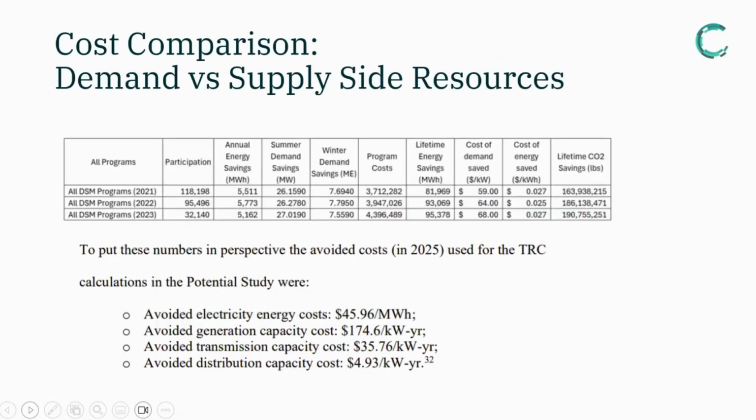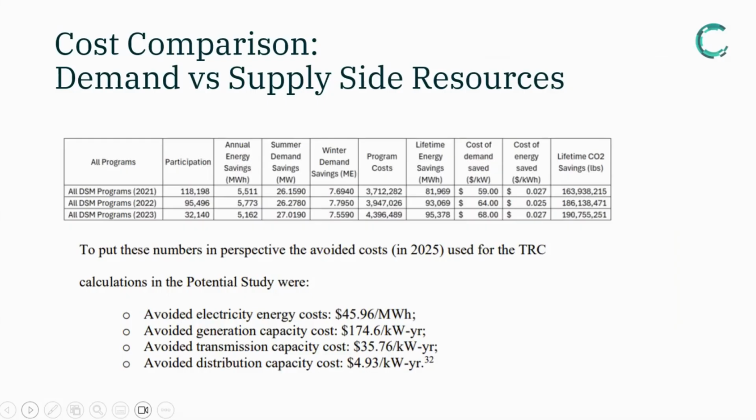So again, just for illustrative purposes, this comes from a recent testimony I drafted for a Kentucky proceeding, so some of you might recognize it. It compares the cost of implemented demand-side programs versus the cost they can avoid.